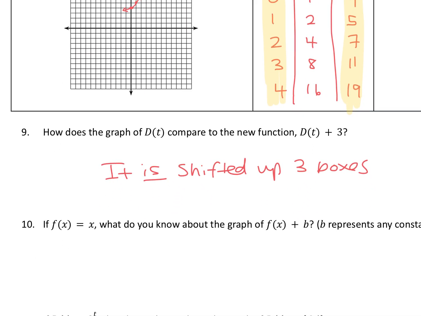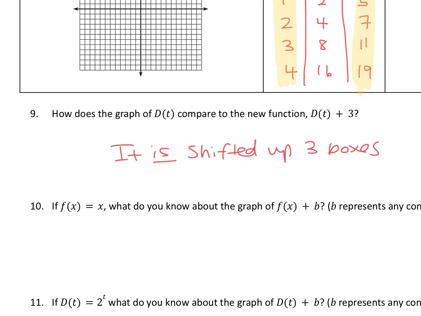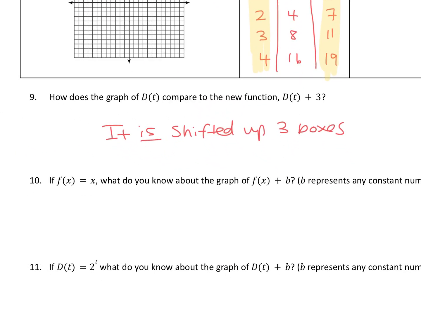If f of x equals x, what do you know about the graph of f of x plus b? Okay. B represents any constant number. All right, so now this is asking us to try to think of, okay, just a generic rule.